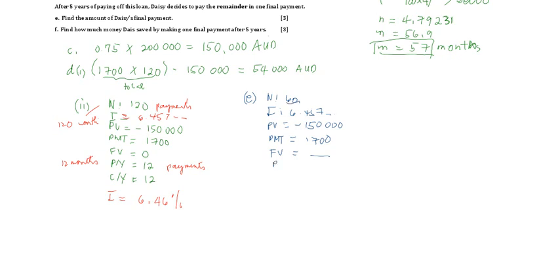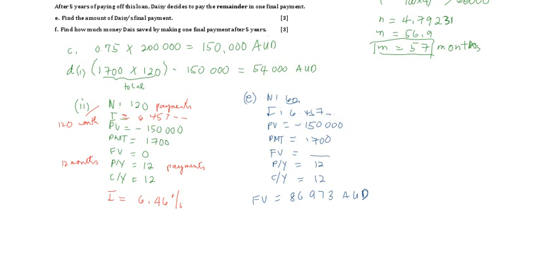And then we're having the same thing. We're making 12 payments in a year because it's compounding monthly. So this will give you the future value, which is equal to 86,973 AUD, rounded off to the nearest Australian dollar.